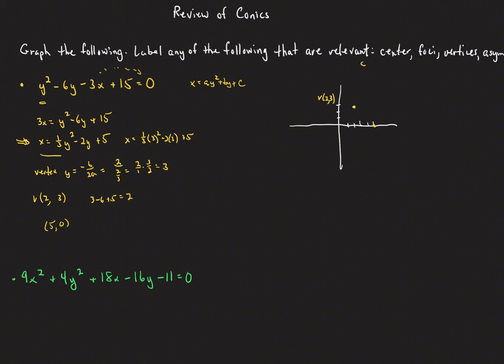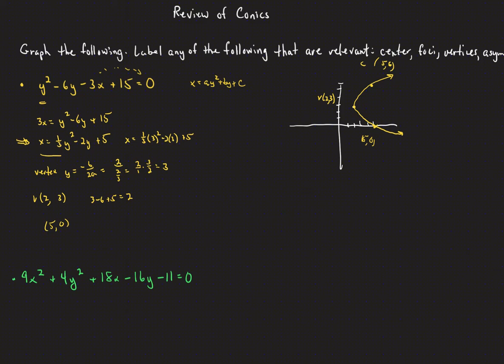So 5, 0 is going to be right there. Then using the symmetry of the parabola, our symmetric point is going to be up here. It's going to be at 5, 6. And so our parabola is going to open to the right.